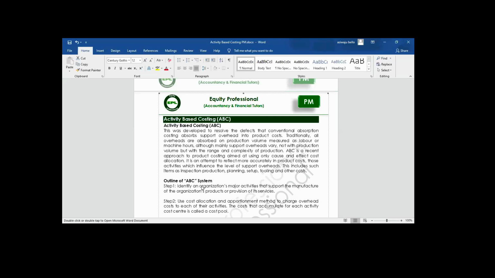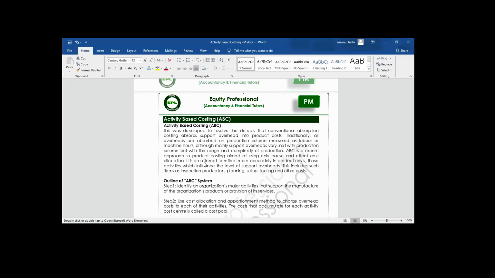In a modern-day costing system, there are several factors that contribute to overhead cost. It will be wrong to absorb overhead using a single factor. This is what activity-based costing tries to correct.